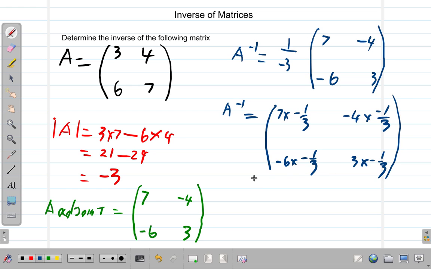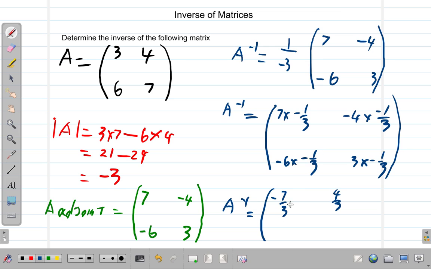So what you have is A inverse equals: this is going to be -7/3. This will be positive because negative times negative is positive, so 4/3.